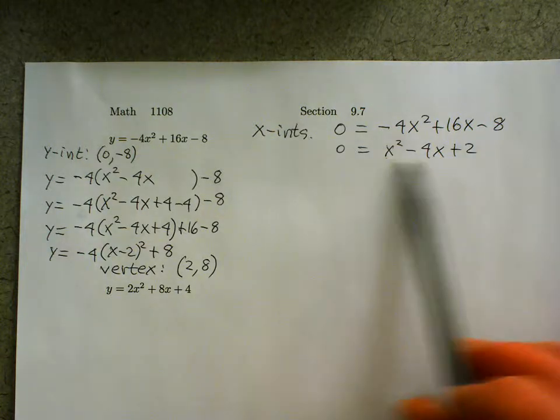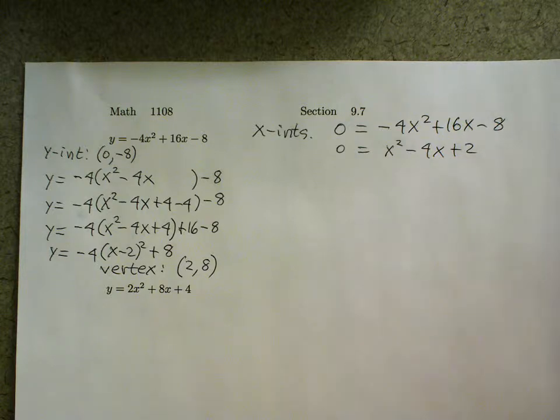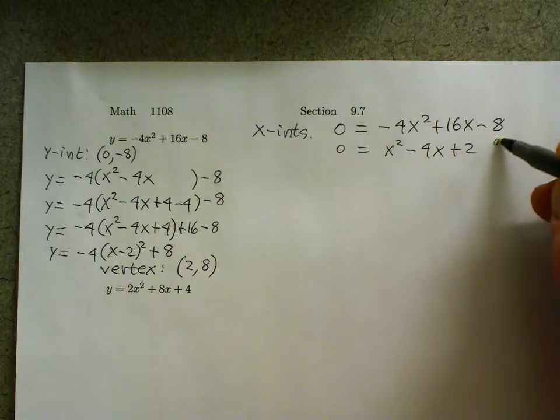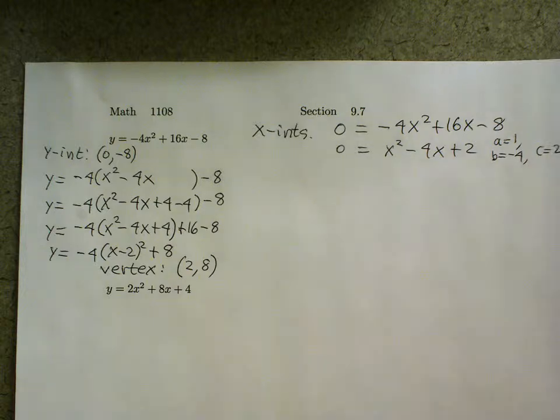Well, this cannot be factored with integer coefficients, so we can use the quadratic formula where a is 1, b is -4, and c is +2.